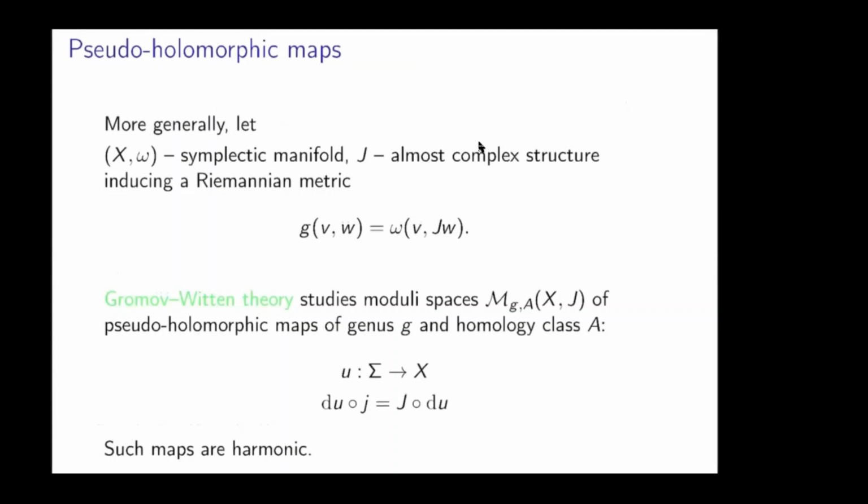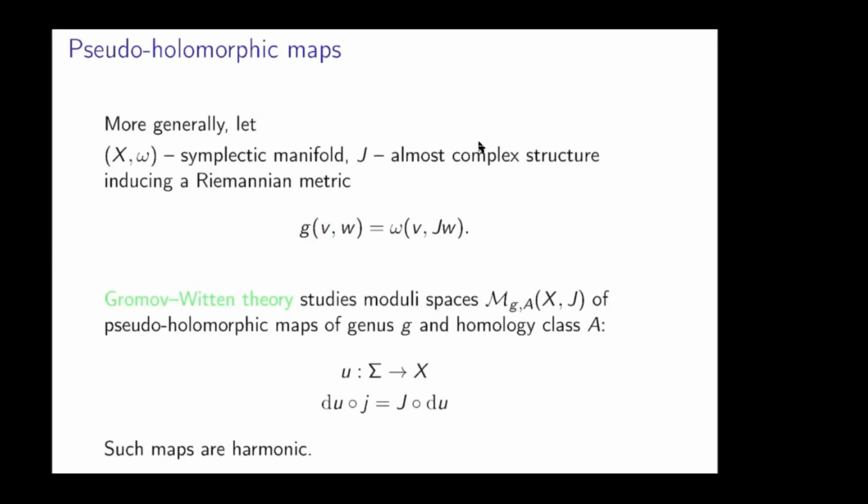More generally, you can consider X being a symplectic manifold, and you consider almost complex structures which are compatible with the symplectic form, namely such that this tensor given by this formula defines a Riemannian metric. In particular, J is orthogonal with respect to the Riemannian metric. And instead of studying curves, you can study J-holomorphic maps.